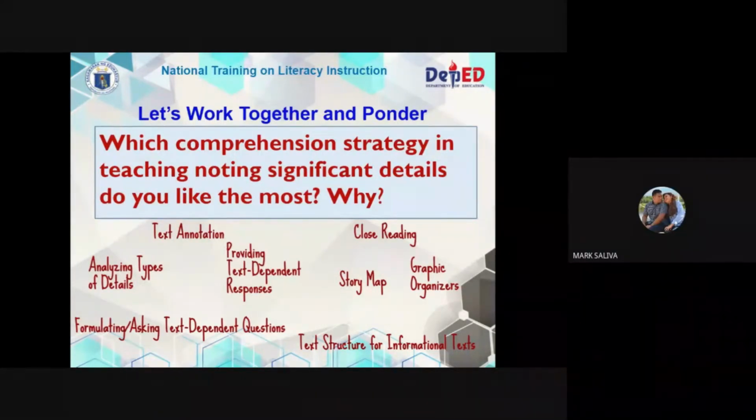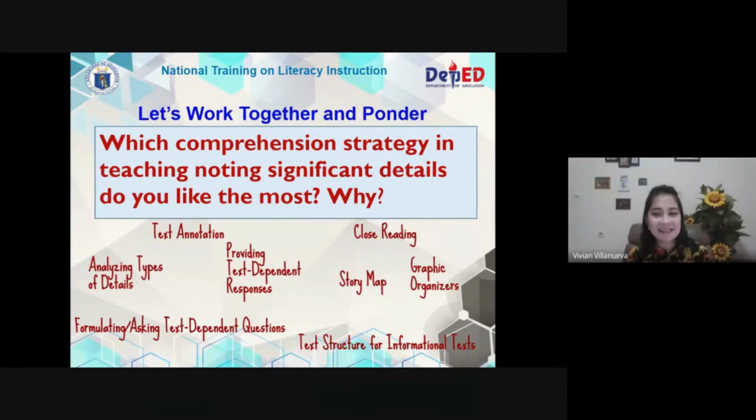Here, ma'am, I was reading this strategy, the graphic organizer. I have already adapted this, ma'am, in my lessons. Then a little story map, because I teach Filipino, so it works in Filipino too. Ah, yes, very good. That's right. Just like what I told my students, you don't just need to use this in English.